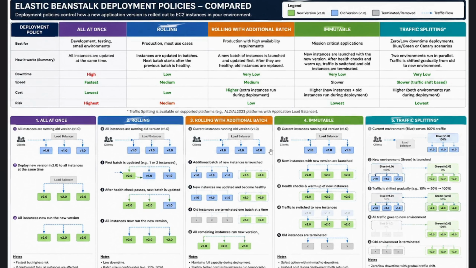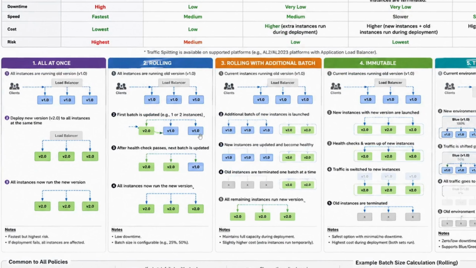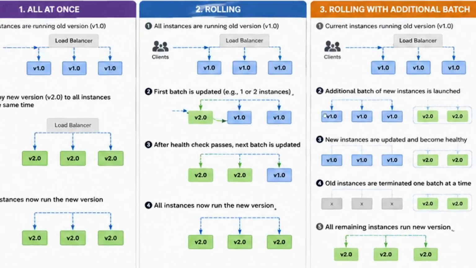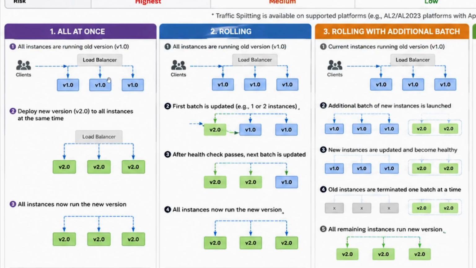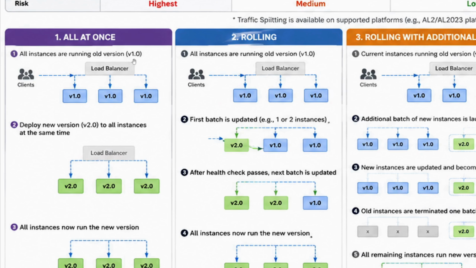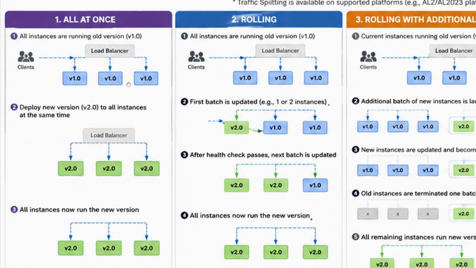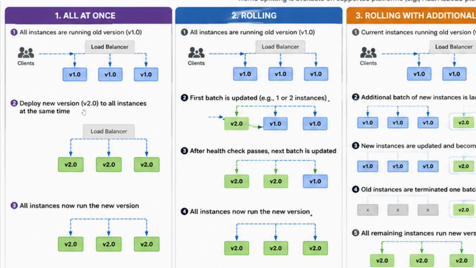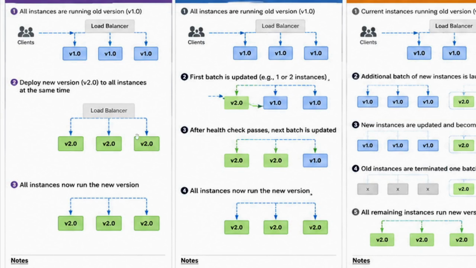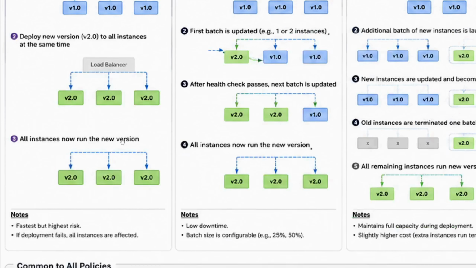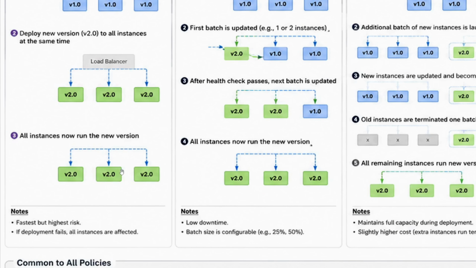Let's do that. First is all at once. When we say all at once, it means the environment is running on the old version, version 1.0. Now, when I say deploy the new version, version 2.0, what will happen? It will deploy on all the instances at the same time. Now all instances run the new version.